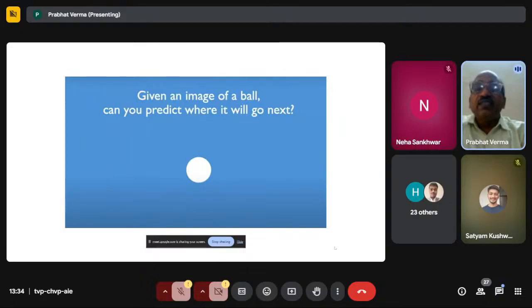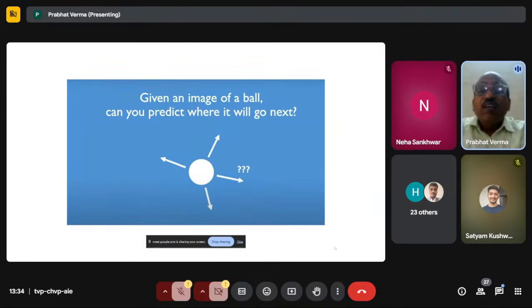Suppose you are given an image of a ball. Can we predict where it will go next in two dimensions? Here only the ball is given and we have to predict where it will go next. So our prediction will be random only, because we don't have any prior knowledge of where the ball was earlier.